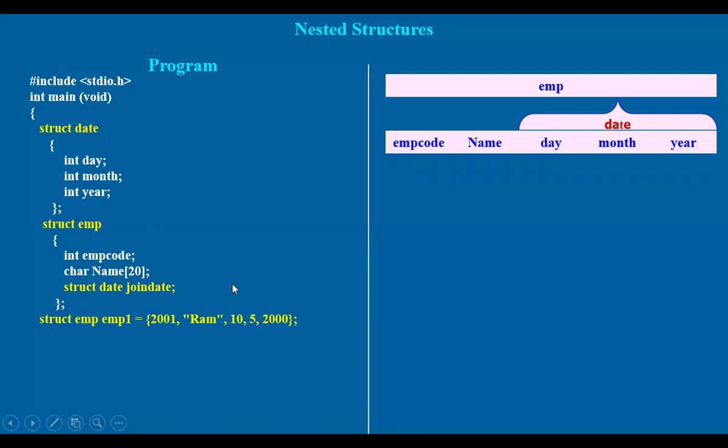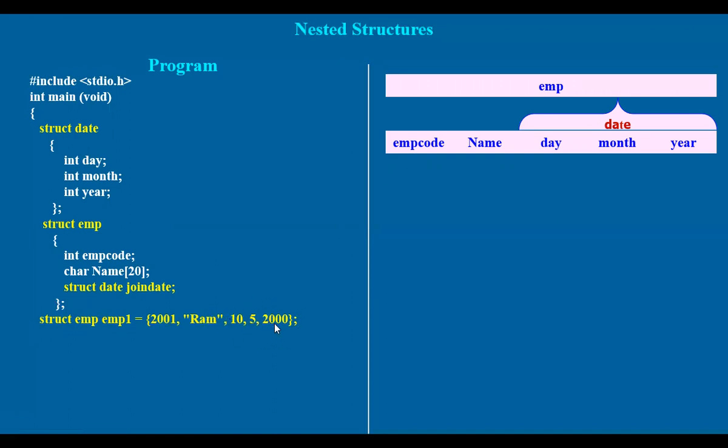Now I want to assign some data here. To assign the data, we will take a structure EMP. EMP1 is the variable, and we are declaring this variable of the data type structure named EMP. So it has the number, name, and the date, another structure which has 3 fields.